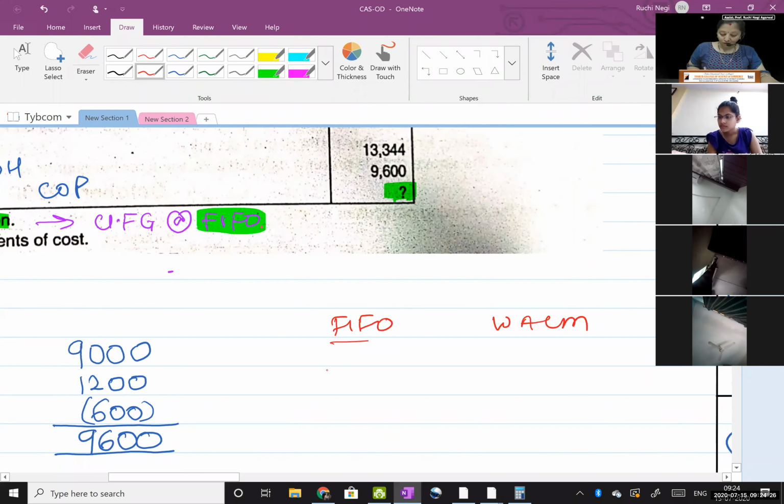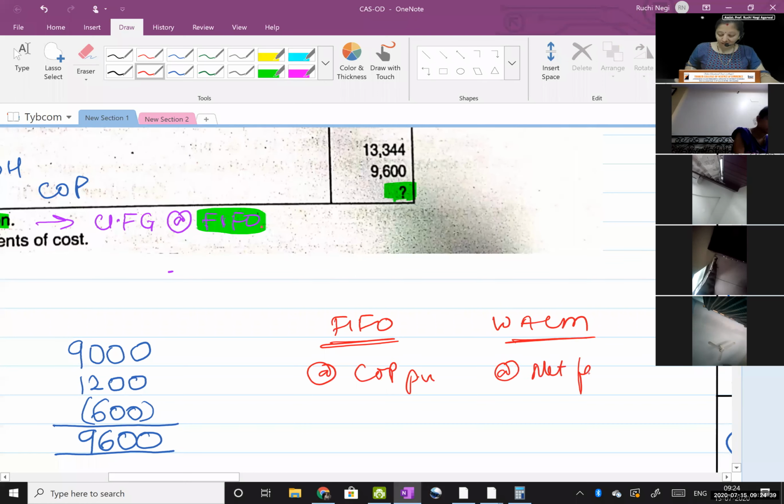In FIFO, we value with cost of production. When I say at the rate, it means cost of production per unit. And when we do weighted average cost method, we value with net factory cost. Again, same logic. When I say at the rate, it means per unit column.